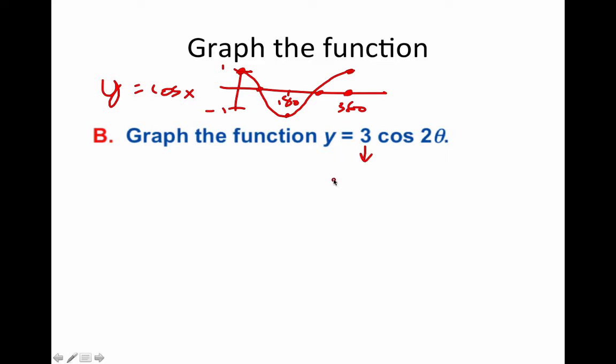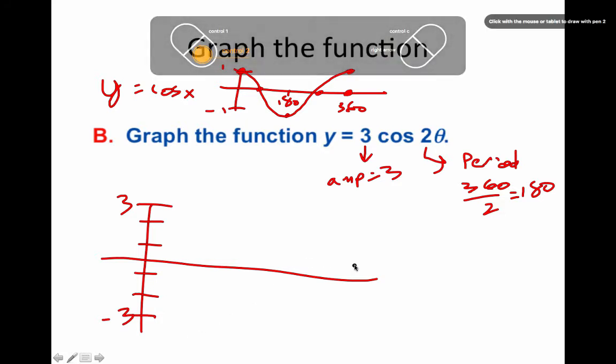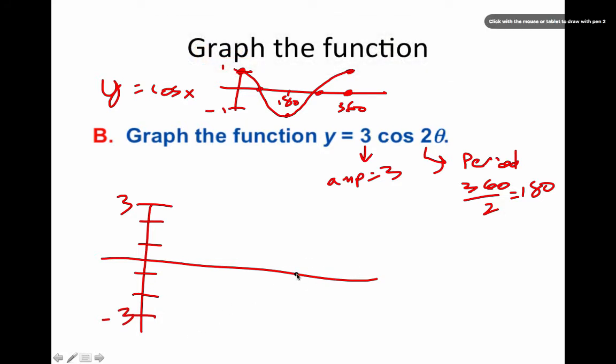I have an amplitude of 3. I have a period of 360 over 2, or 180. If I'm graphing this one, I got to go up 1, 2, 3, down 1, 2, 3, and now I'm going to end in 180. Again, we're just doing rough sketches here.